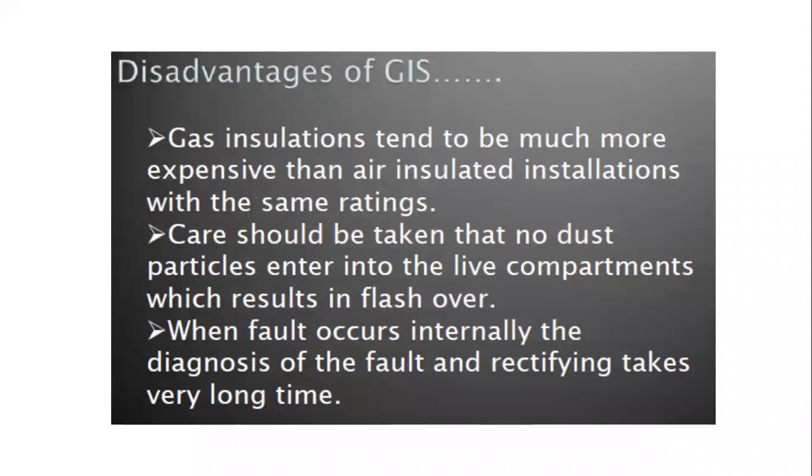In that case also we can use a gas insulated or an air insulated substation for the same ratings, but the installation cost for the GIS substation is more when compared to the air insulated substation. Why? Because in the gas insulated substation the dielectric medium is SF6 gas, and the cost of SF6 gas is more when compared to air as the insulation.